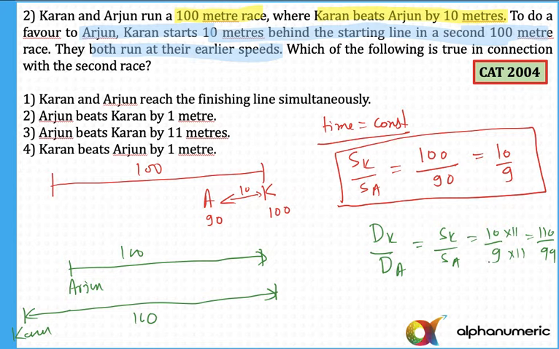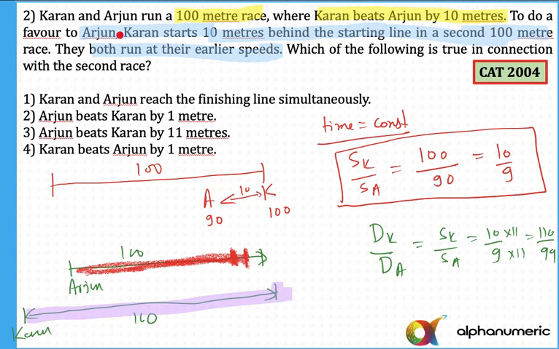Which means when Karan travels 110, in the same time Arjun will travel 99. Okay. So Karan has traveled 110. Karan starts from here and reaches the opposite end here. He has completed the entire thing, the 10 extra plus 100, 110. And in the same time, Arjun has traveled only 99. So Arjun might be here only.